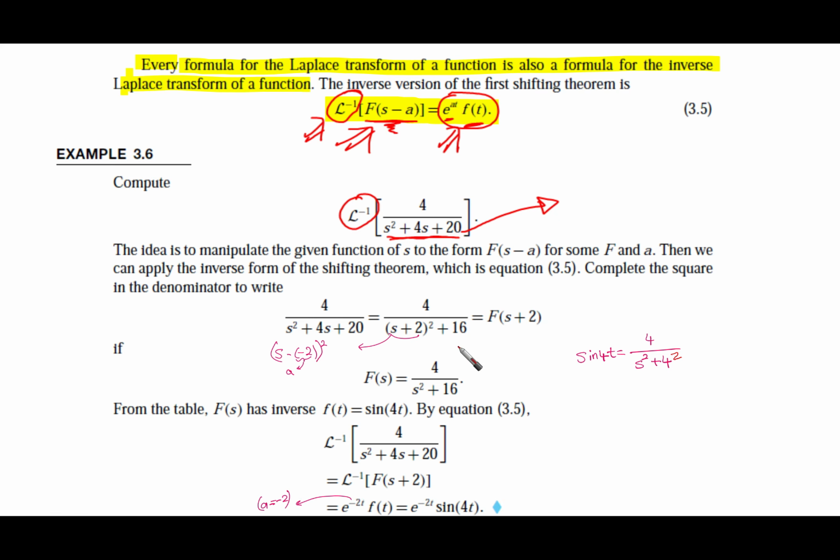Now, if this is our main independent variable shifted by 2, then this is the first shifting theorem, or the Laplace transform at s plus 2, right? Because here it was the inverse, so inside it is going to be the Laplace transform. So this is the Laplace transform of not s, but the shifted s, which is s plus 2, right?